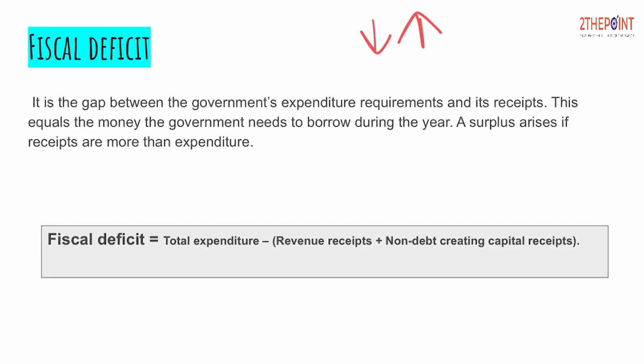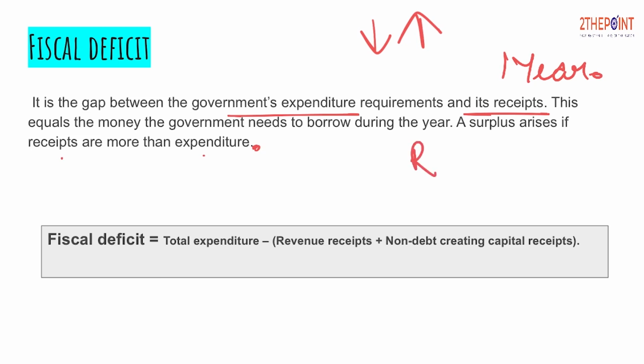So it is the difference between the government's expenditure in a year and the receipts which the government is receiving in a year, that is usually a period of 1 year, or we say financial year. This equals the money the government needs to borrow during the year. A surplus arises if the receipts are more than expenditure. That's very basic.